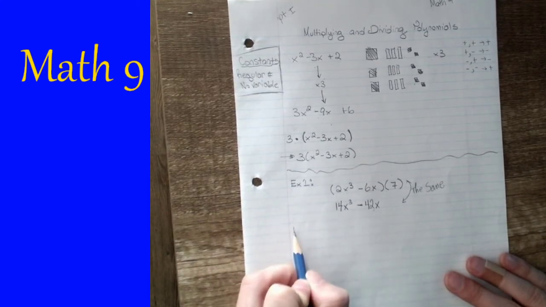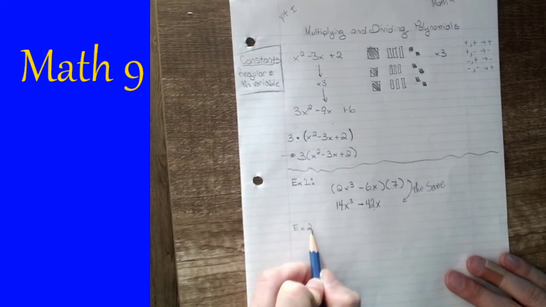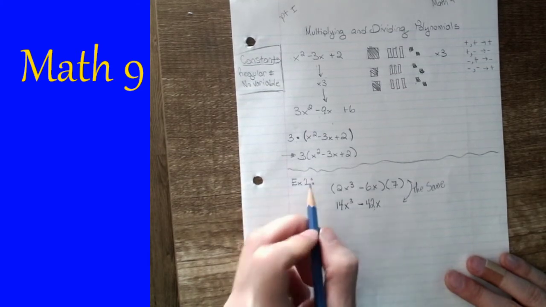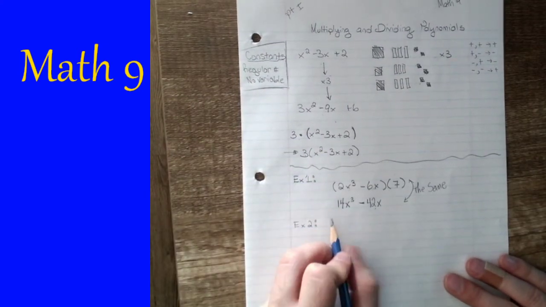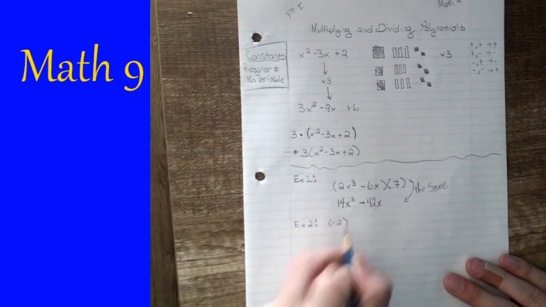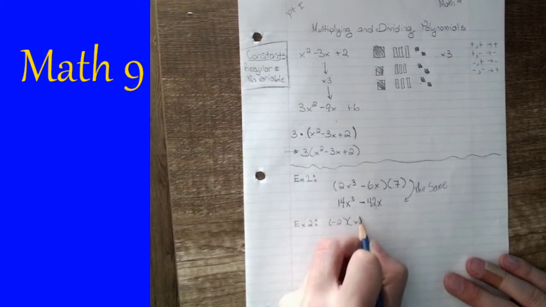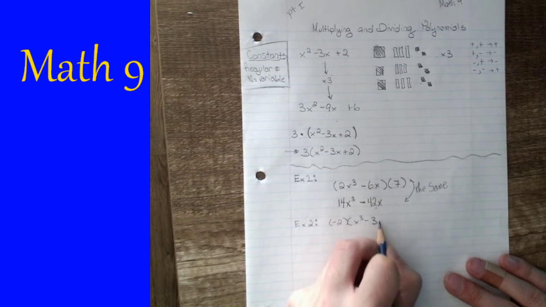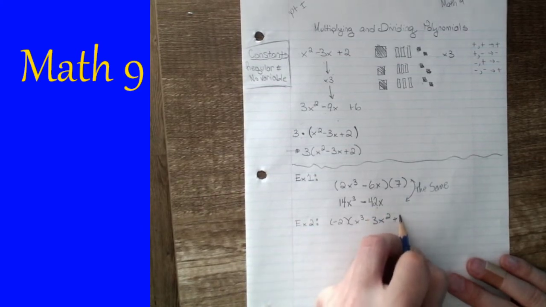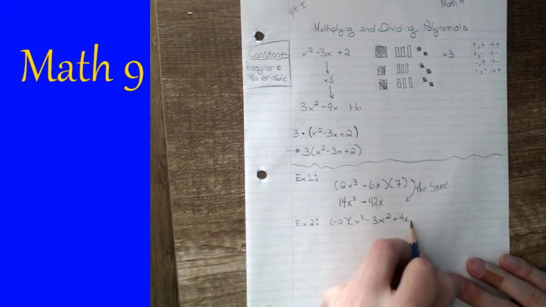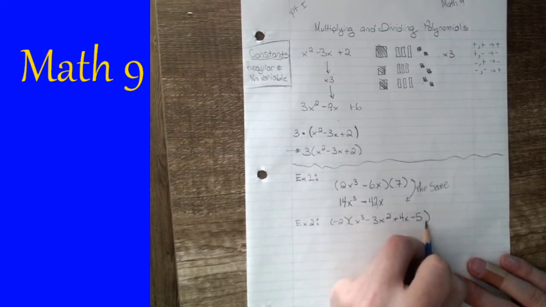Let's do another. I'm hoping that by just doing practice, eventually you guys will catch on. Our next example is negative 2 multiplied by x cubed minus 3x squared plus 4x minus 5.